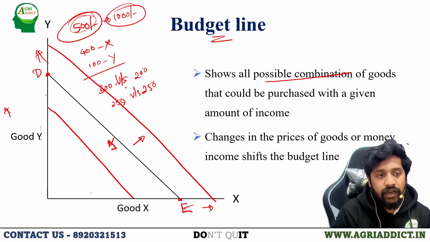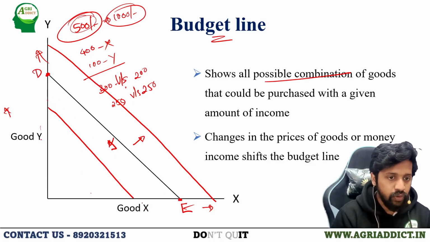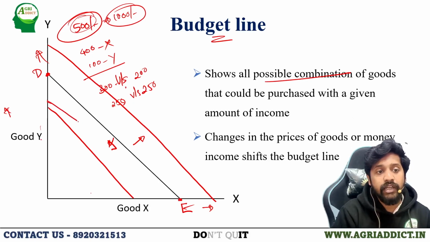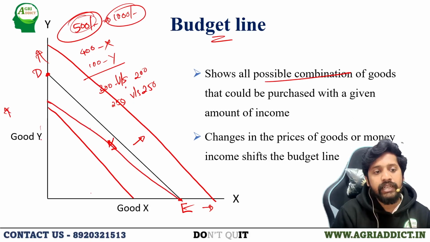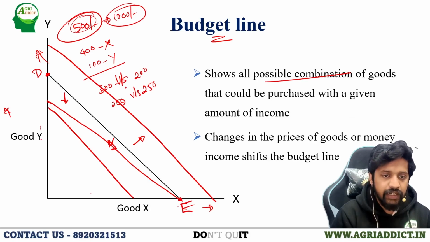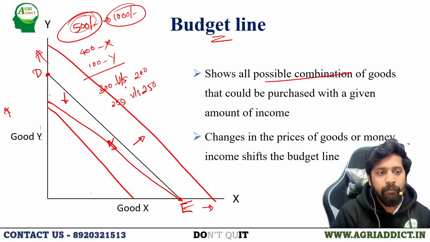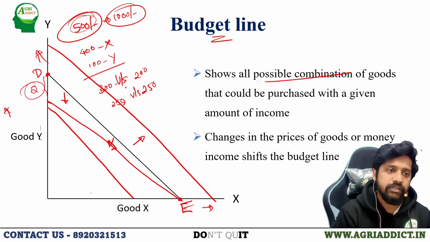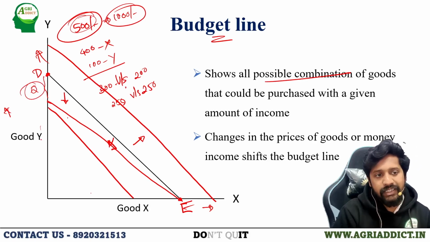The price of good X is the same, but the price of good Y is increasing, so only a lesser quantity can be consumed, and this budget line will shift to here. Since the price of good X has not increased, we could purchase the same quantity of X, but as the price of good Y increases, we cannot afford this much quantity because the price has already increased, therefore the budget line shifts like this.